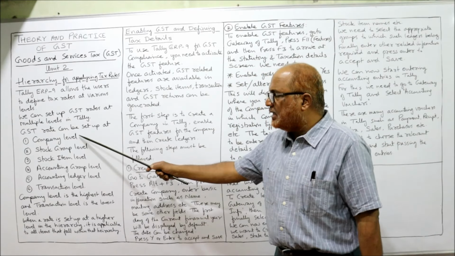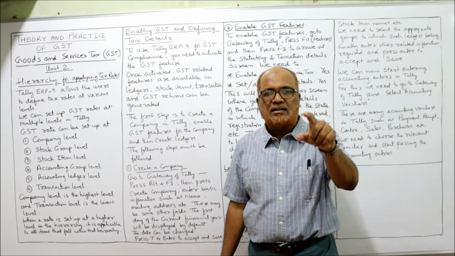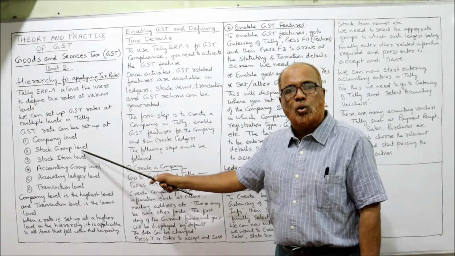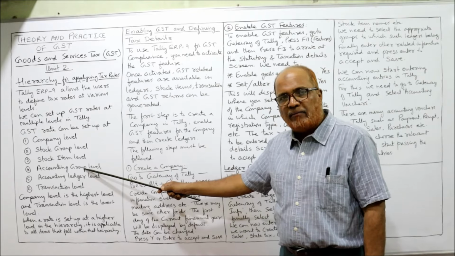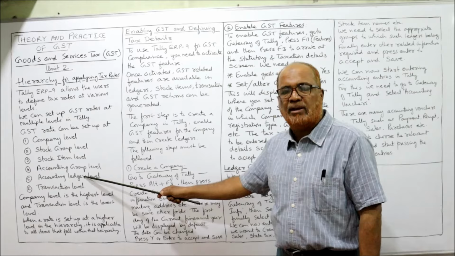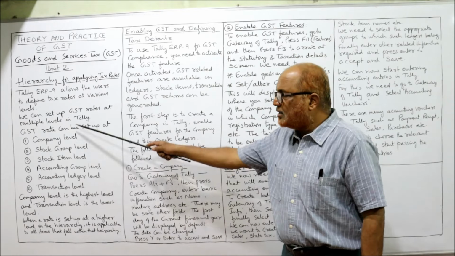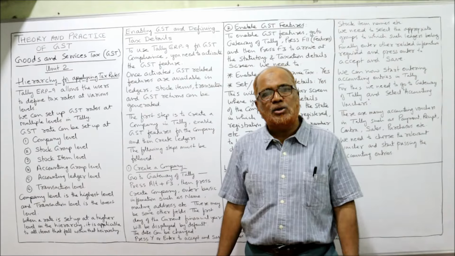The first level is company level. The tax rate can be fixed at company level. Second, tax rate at stock group level, stock item level, accounting group level, accounting ledger level. Last one is transaction level. At these levels, the tax rates can be fixed by the user.